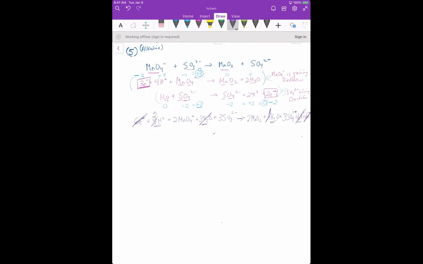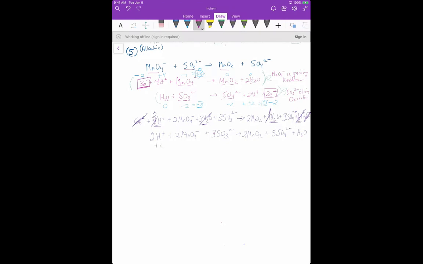All right. So if we actually simplify this now, let's just write this out for ease. 2H plus, 2 MnO4 minus, 3 SO3 2 minus, 2 MnO2, and 3 SO4 2 minus, oh, and the 1 water, H2O.